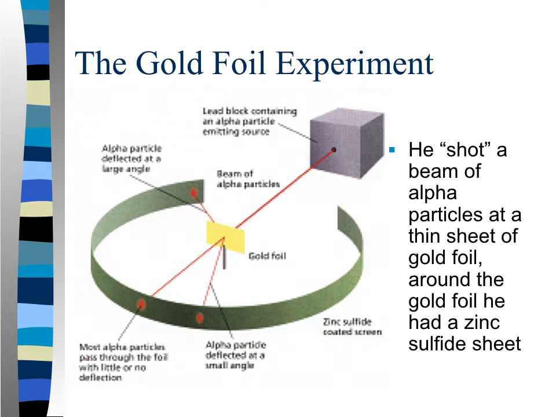Around the gold foil, he had a zinc sulfide sheet. So this zinc sulfide screen is here, okay? He shot alpha particles out up to the gold foil, and he was tracking where the beam happened to go. Did it hit something, or was it able to go all the way through?